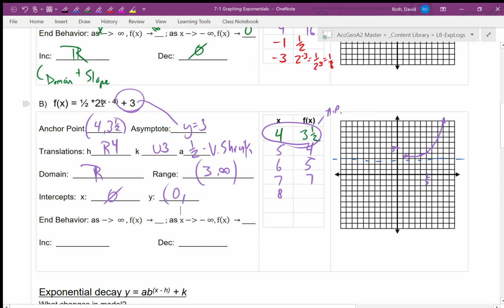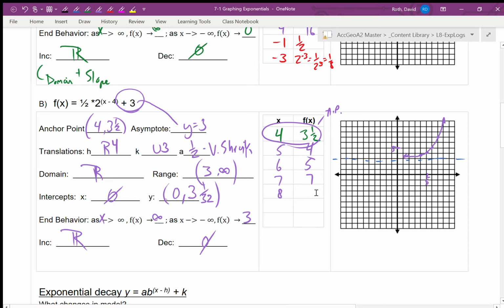Half of 1 over 16 was 1 over 32, so that's 3 and 1/32. Okay, fine. Anyway, it's really close to the asymptote. In behavior, once again, as x goes to infinity, f of x goes to infinity, and as x goes to negative infinity, it's going to the asymptote of 3. Increasing still, all real numbers, and null set.